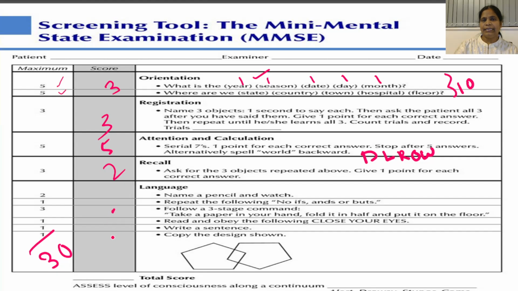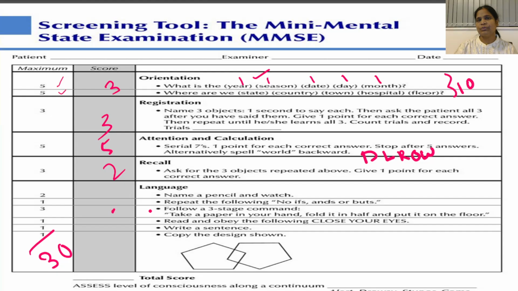Then, write a sentence which makes some sense. "Sita is playing," or you can say anything which consists of a subject, noun, or verb which makes some sense.